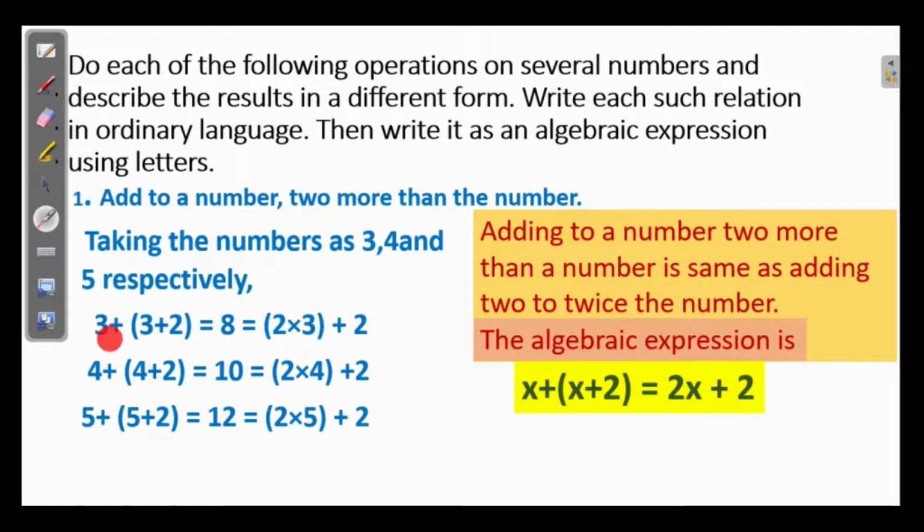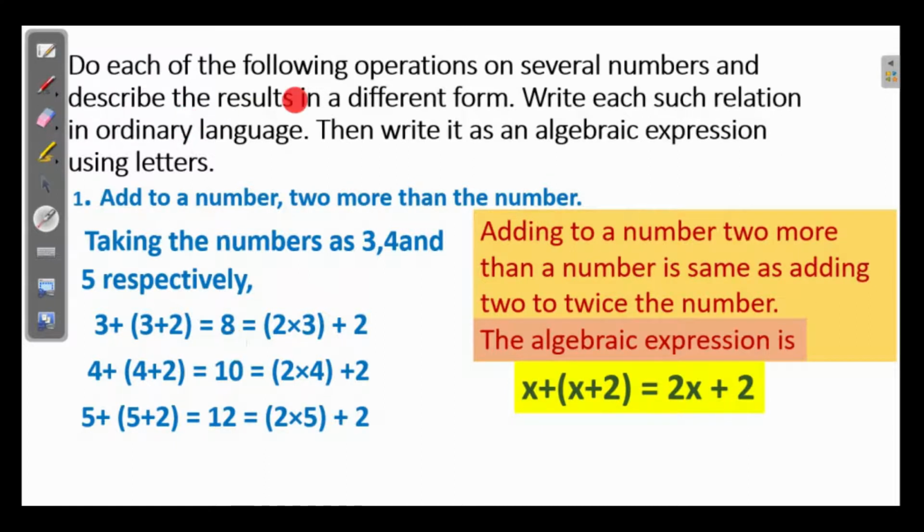Suppose in that plate there were only 3 chapatis. Taking the numbers as 3, 4 and 5 respectively. First we can take the number as 3. Add to a number 2 more than the number: 3 plus 2 more than the number 3, 3 plus 5 is 8.